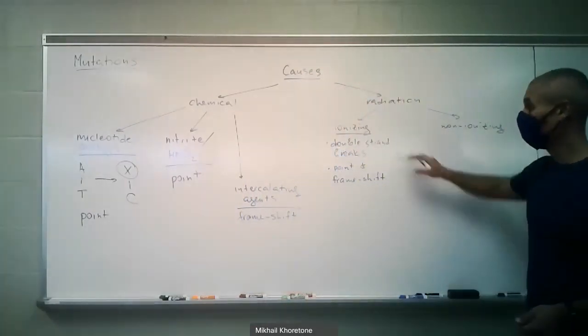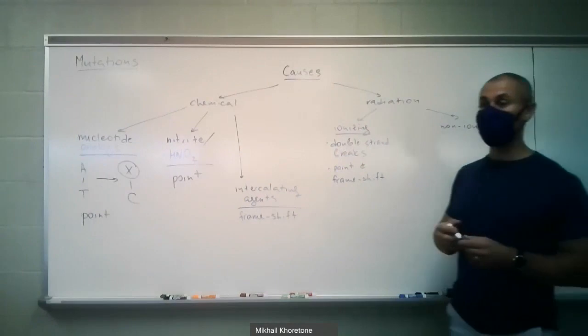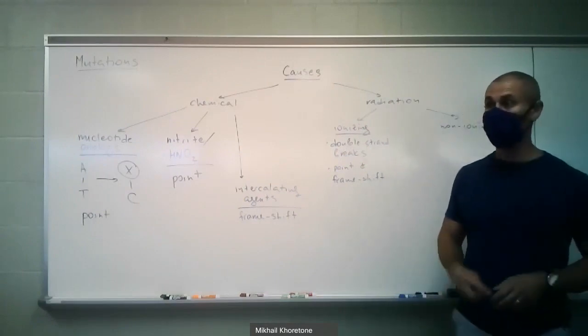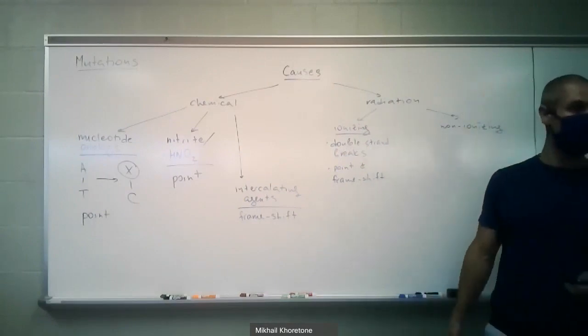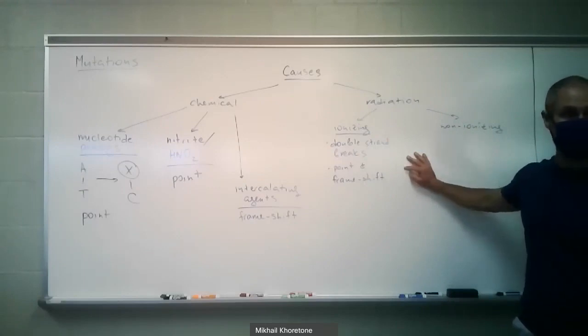Now, I want to highlight here in ionizing radiation, it's not so much the breaks themselves that cause the problem, but the repair process causes the problem. The repair of double-strand breaks is imperfect because both strands are broken, there's no backup, right? That makes sense?